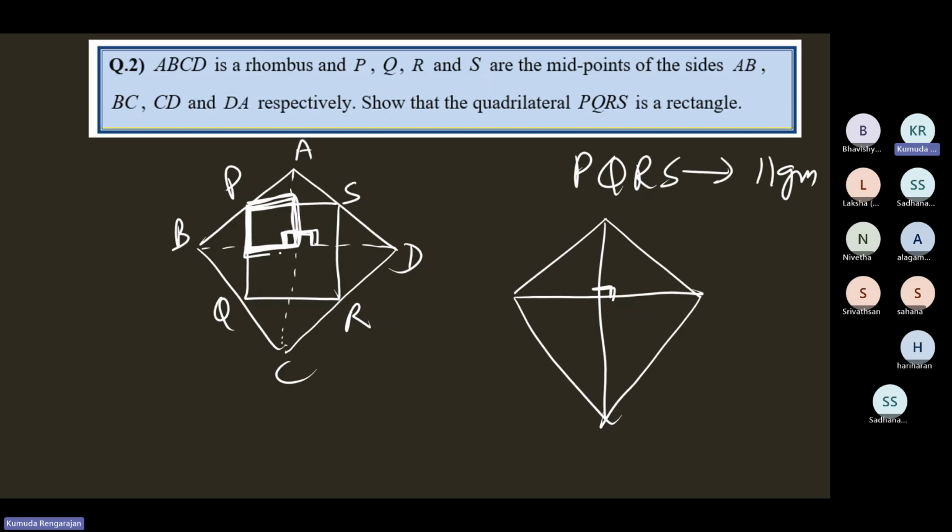This angle is 90 degrees because the diagonals of a rhombus are perpendicular to each other. Opposite angles are equal, so this also will be 90. Like this, you can prove that in parallelogram PQRS, one angle is a right angle. So PQRS is the rectangle.